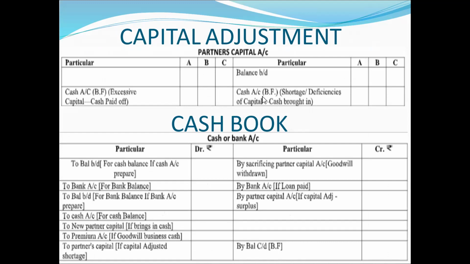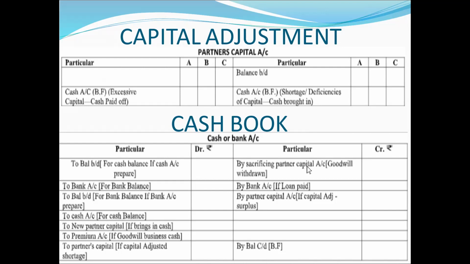So altogether, don't confuse yourself. Capital adjustment, when we see some, I'll explain clearly. Cash book, this cash book you already know well. It is a ledger account. You just plainly take your revaluation journal entry.